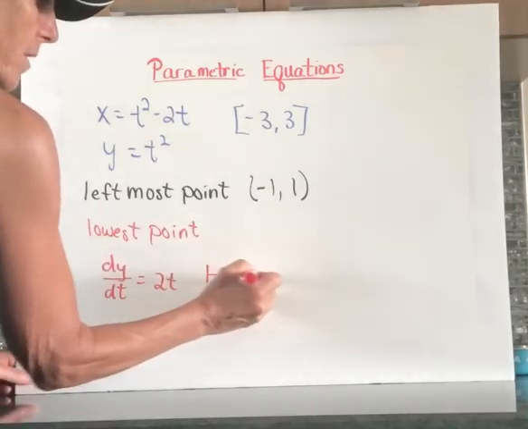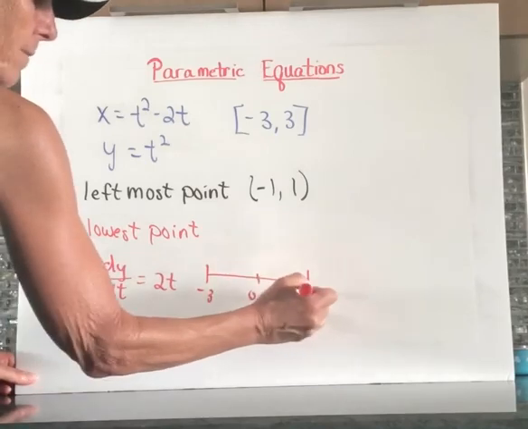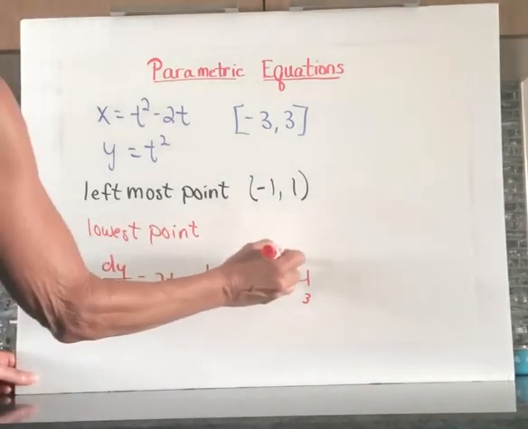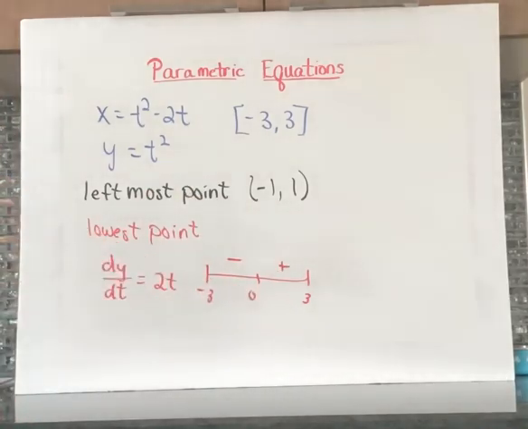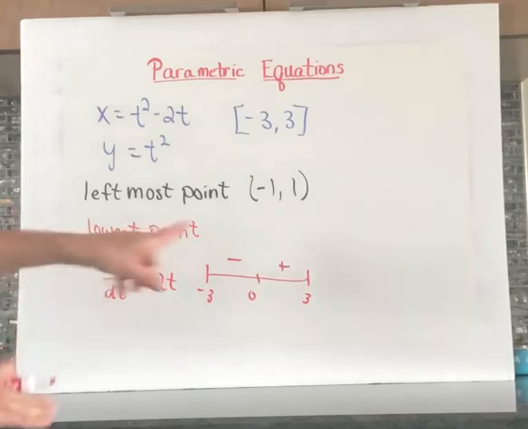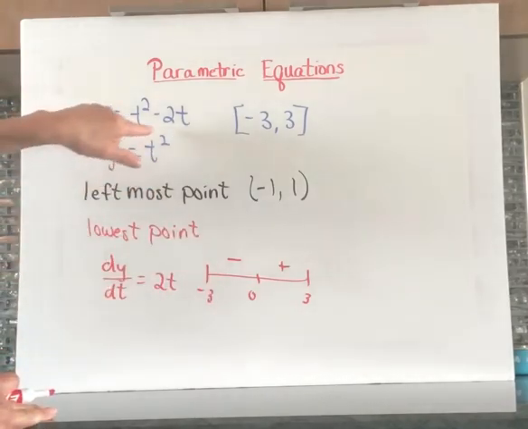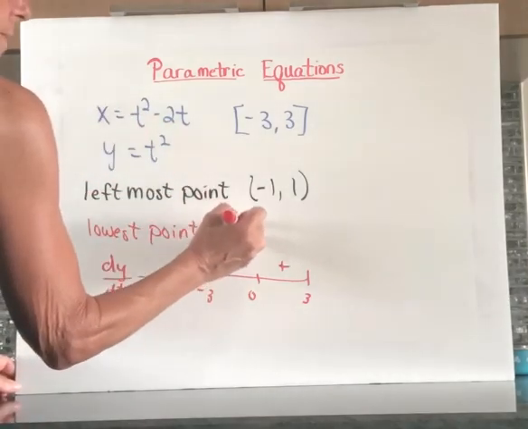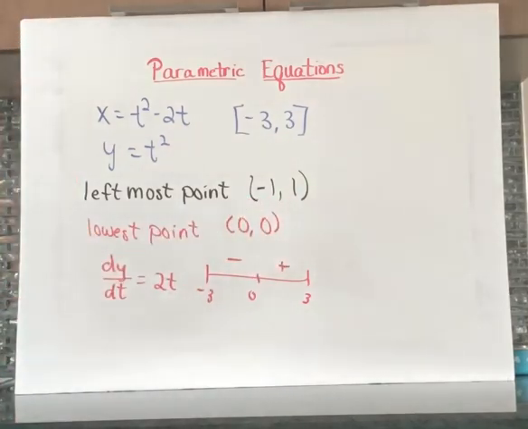One more time, a sign chart: -3, 0, 3, and substituting values in, negative, positive. There we go. We have our min, our lowest point. So when t is 0 and we put a 0 here, my x coordinate is 0 and my y coordinate is 0.